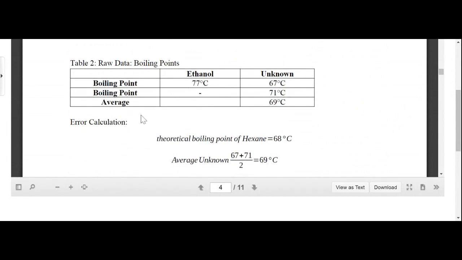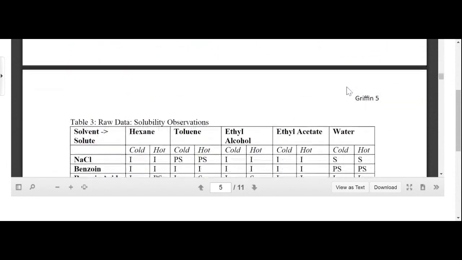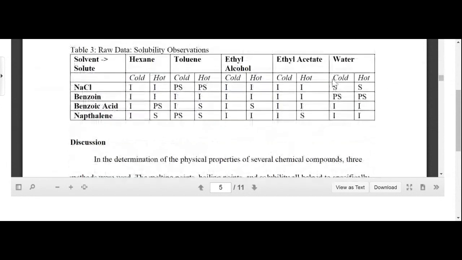Tables are needed, so you write a table. I'm more concerned about the tables when it comes to the results part. And another table, this is for solubility. You can put a very similar table, except that we didn't do the hot part on the video, so you don't have to include the hot.